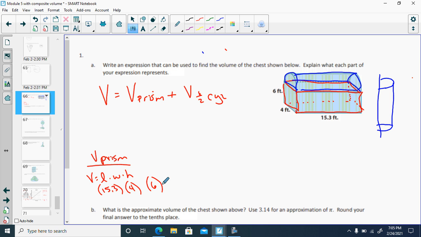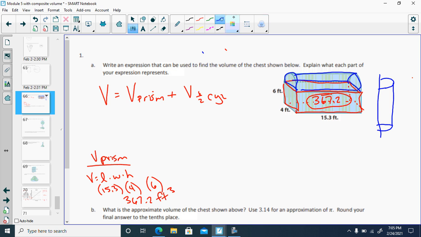Okay, let's go ahead and put that in a calculator and figure out the volume of that prism. That would be 15.3 times 4 times 6, which would give me 367.2 cubic feet. Okay. I'm going to put it here so you can see that the bottom part's that.